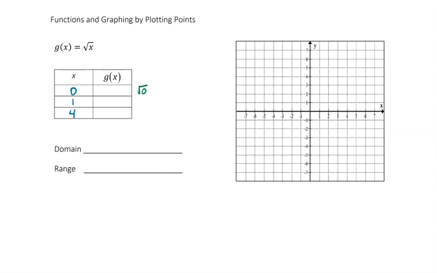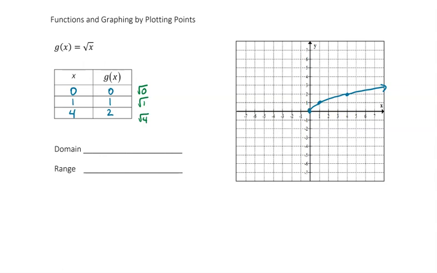So if we do the square root of 0, square root of 1, and square root of 4. Square root of 0 is 0, square root of 1 is 1, square root of 4 is 2. So let's plot those. 0, 0, 1, 1, 4, 2. This one curves off to the right like this.